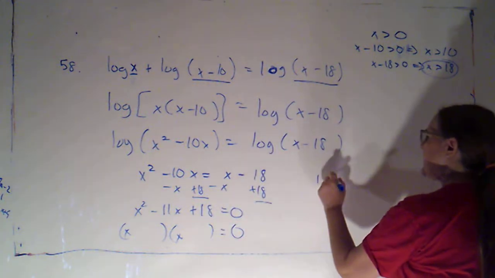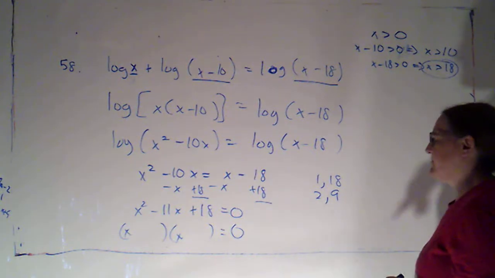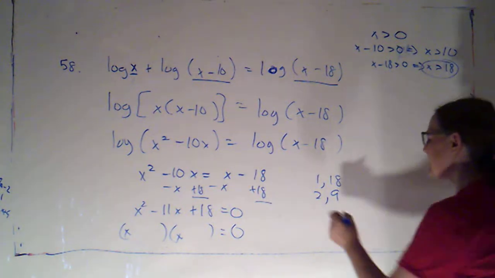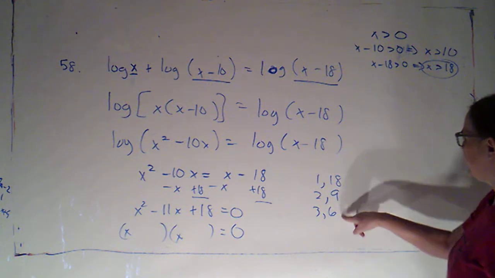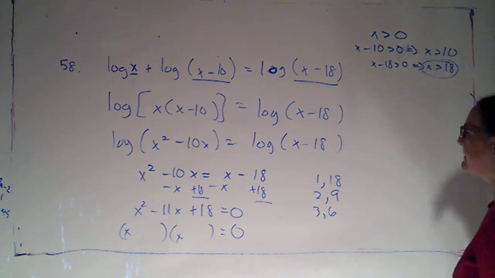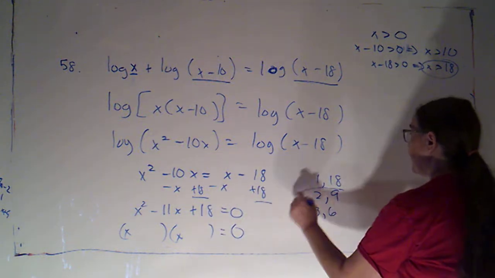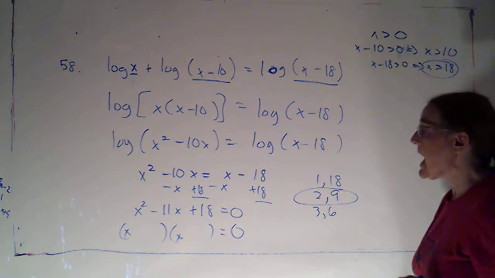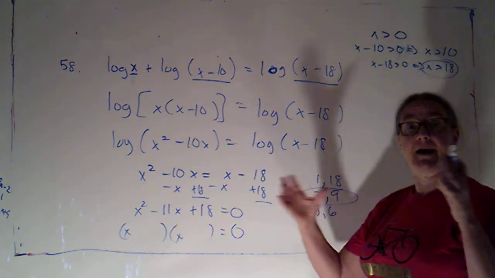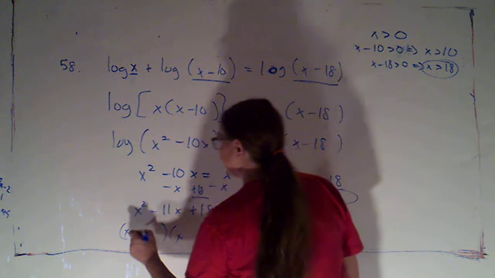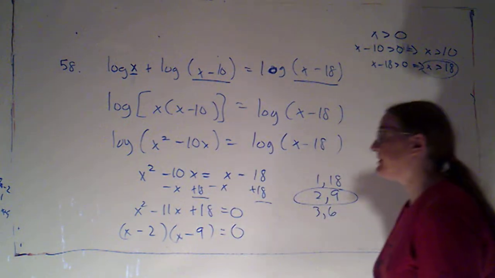Integers that multiply to give me 18 would be 1 and 18, or 2 and 9, or 3 and 6, 4, 5, 6 is already on the list. Okay, now they're going to have the same sign, so I want them to add to give me 11, so it looks like 2 and 9. I want them both to be negative, so that when I combine my outsides and insides, I get negative 11x. So we'll have negative 2 and negative 9.